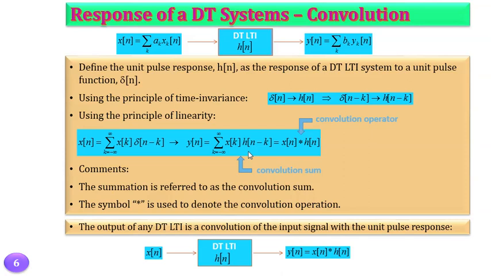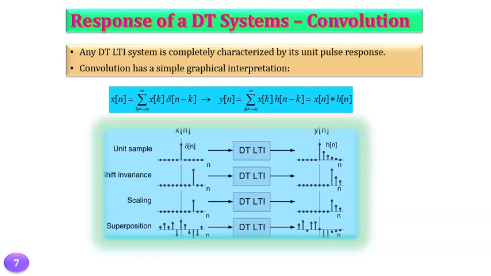We only know the impulse response of that system. If h is the impulse response of that system and x is the new input, the convolution of x of n and h of n gives you y of n, which is the response of this system to x of n. H of n was the impulse response. We talked a lot about it, and I think you should be very comfortable with it.